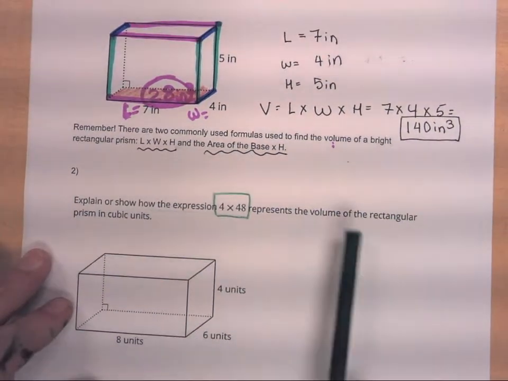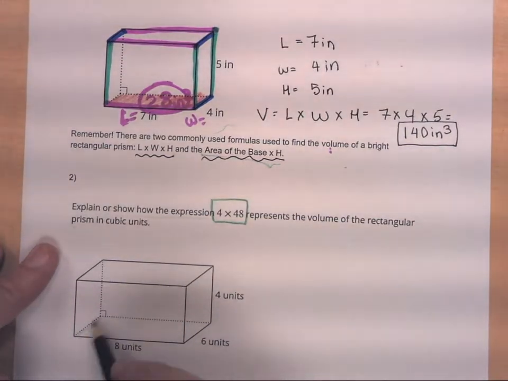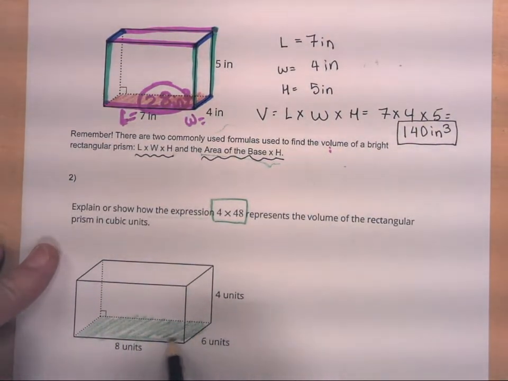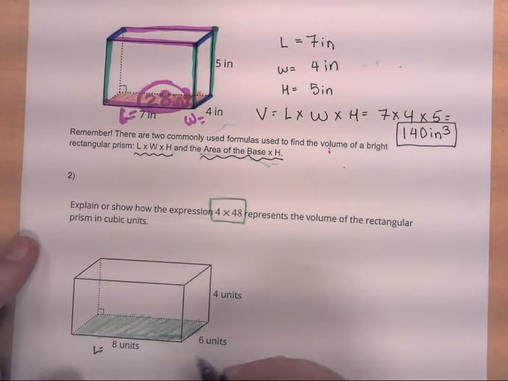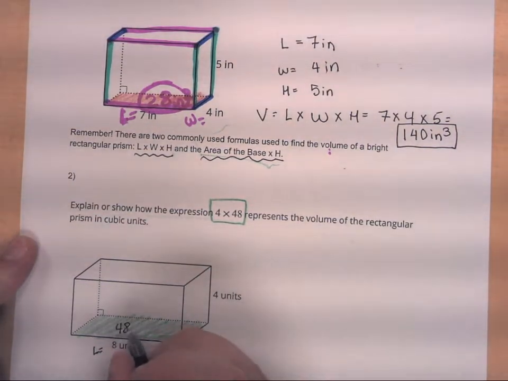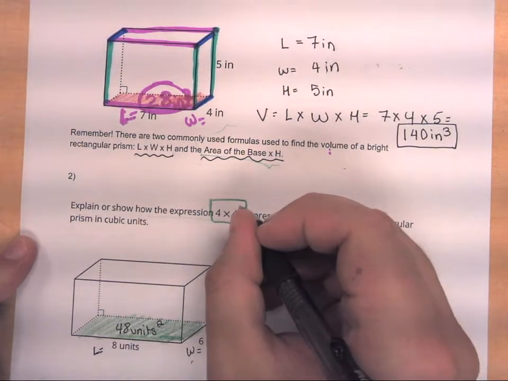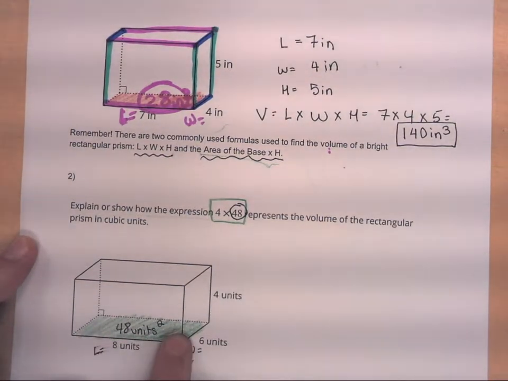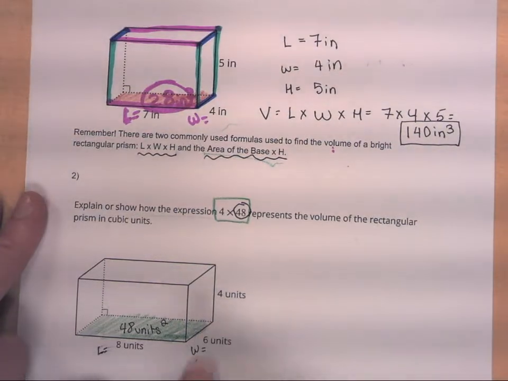Well, referring back to this area of the base multiplied by height formula, we can see that the area of the base, which is just the length times the width, is 48 square units. So this 48 that we see represents the area of the base. And then we can multiply that area of the base by 4 units.